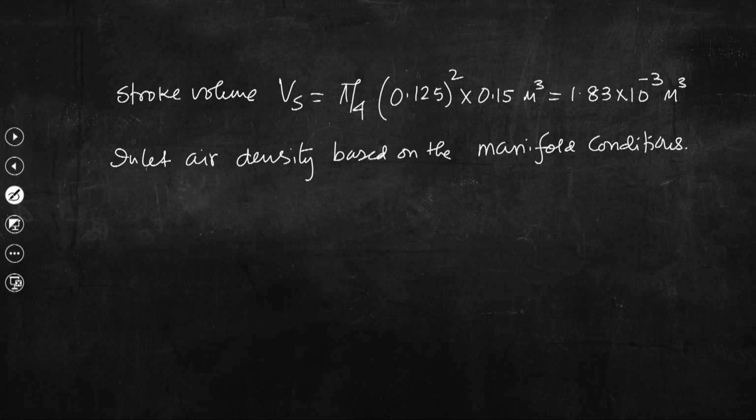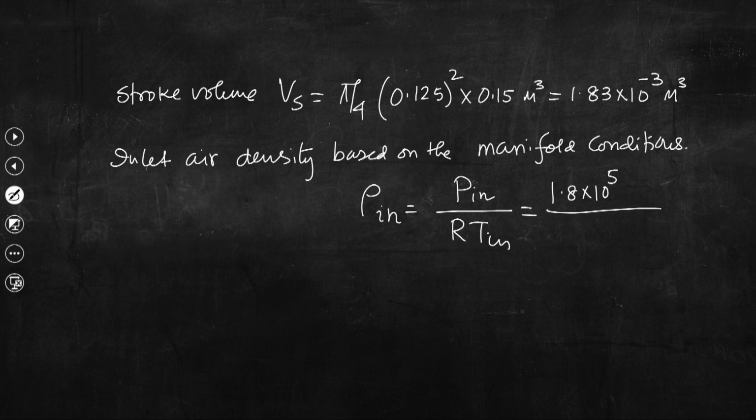So, rho inlet equals P inlet divided by R T inlet. It is given 1.8 atmospheric pressure. So, 1.8 into 10 to the power 5, if we go for unit conversion, the value of R is 287 and T in is 330.